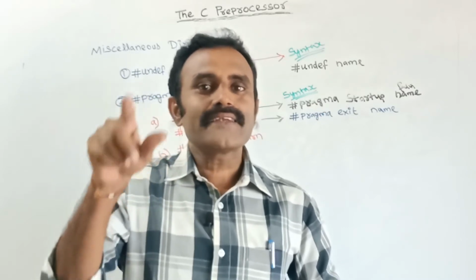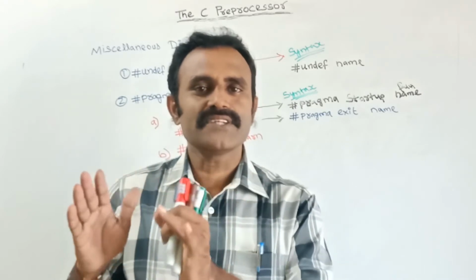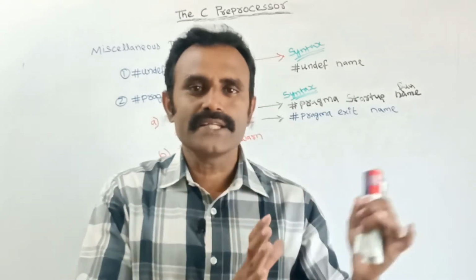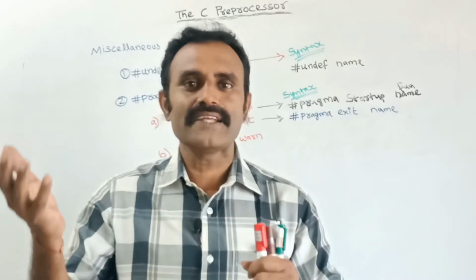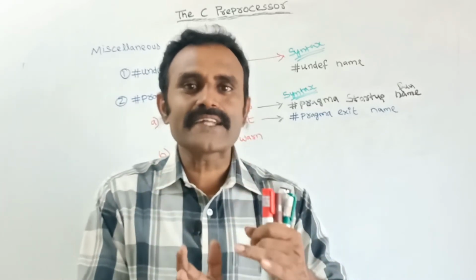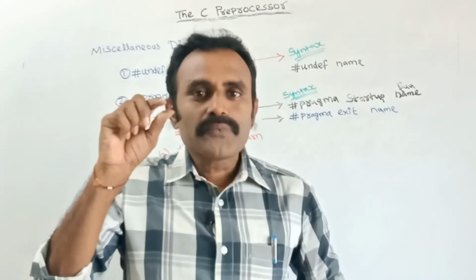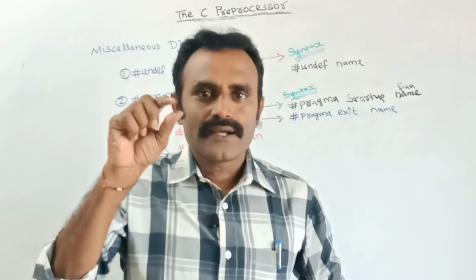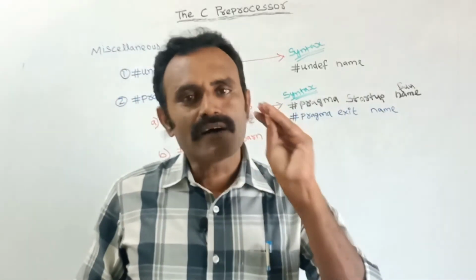So if there is a warning, no problem, the program will run, but we should rectify that warning. For example, suppose I am creating a function with return type integer. If it is a function with a return type, then we should return some value. If we create the function without returning the value, the warning will be reported by the compiler. By default the warning is on.